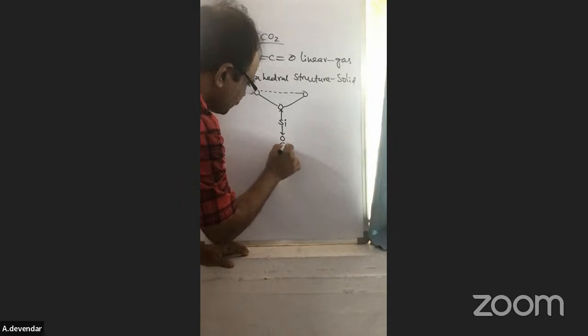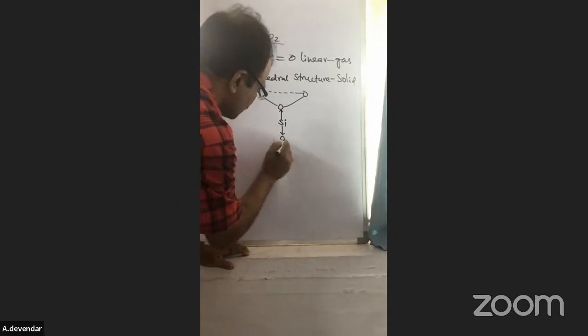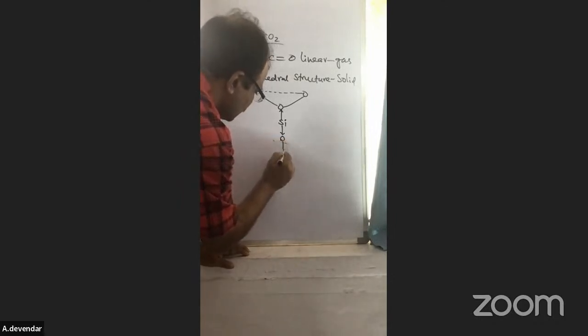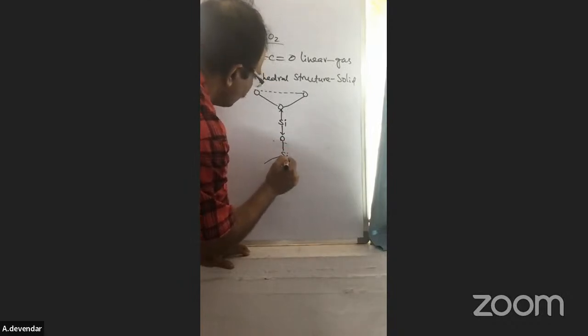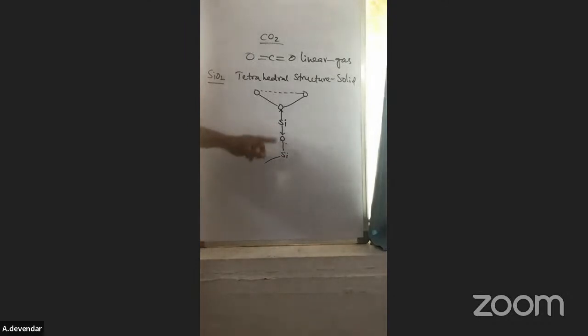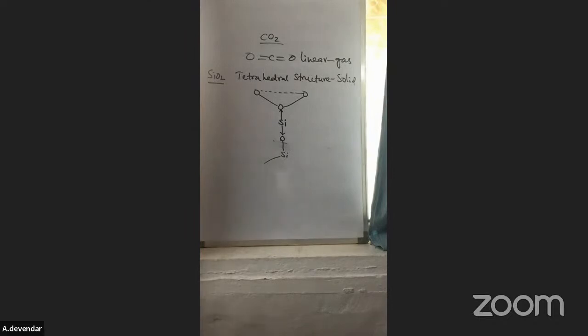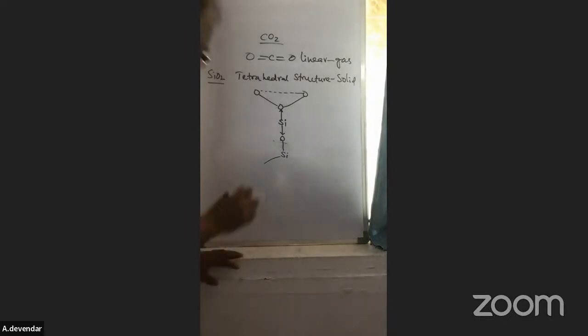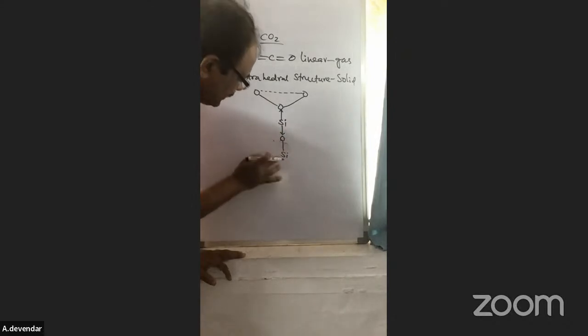Again, this silica. Sorry. We have the silica structure. Okay. That will be represented with the oxygen bond in between the Si.